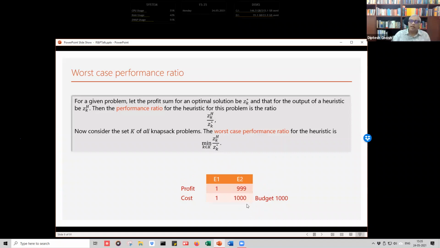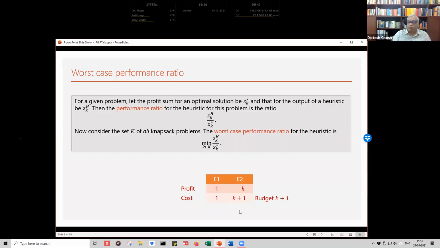What we can do is take this a little further and just say, take a sufficiently large value K. Let us suppose that the profit of E2 is K, the cost is K plus 1, my total budget is K plus 1, and the first element still has a profit of 1 and a cost of 1.